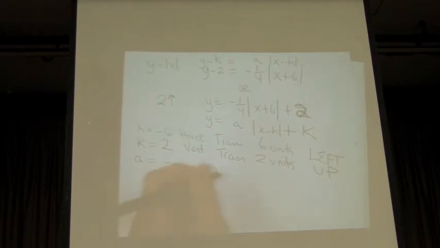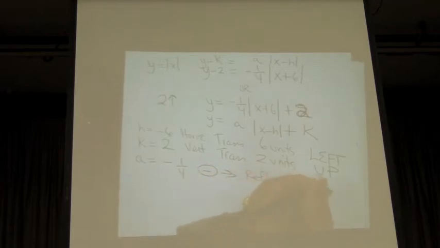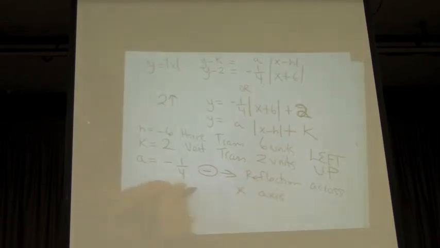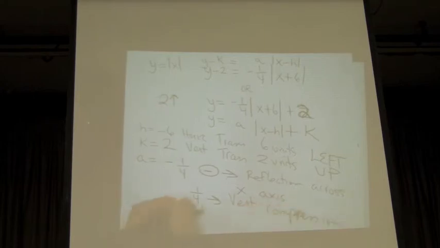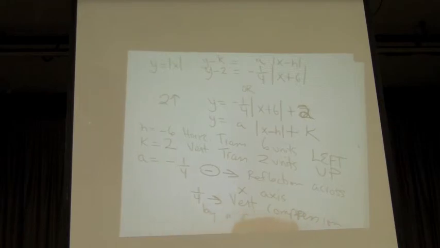The negative means there's what? A reflection across the x-axis. The fact that A is 1/4 means there's what? A vertical compression by a factor of 1/4.